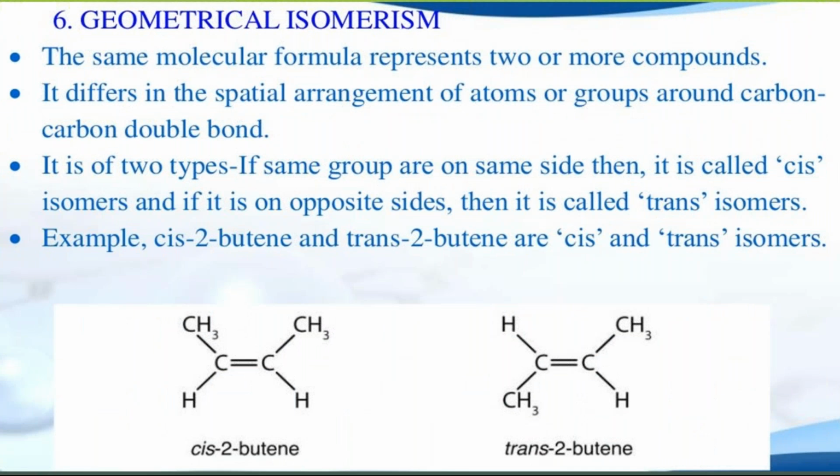Can you see the structure of butene? Is it chiral? How? The carbon is attached to different groups: hydrogen, one methyl, and one double bond. Yes, so butene is an example that has a chiral carbon.